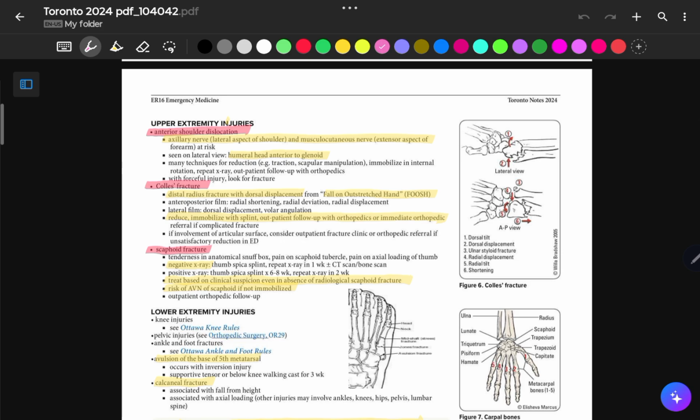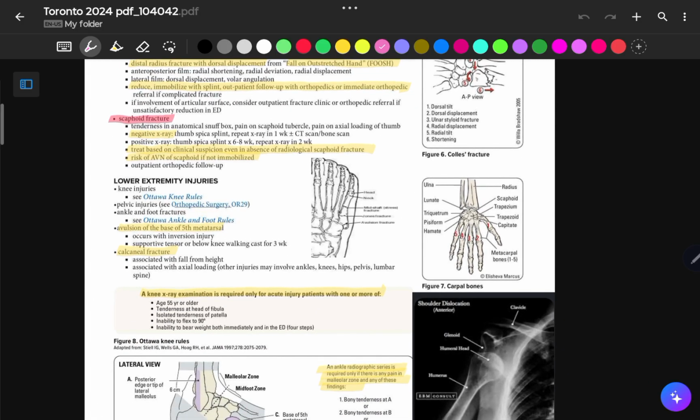For this patient, you will reduce the fracture and immobilize it with a splint, and do an outpatient follow-up with orthopedics, or have immediate orthopedic referral if it's a complicated fracture, say if there's neurovascular involvement. But normally you can reduce this type of fracture and then immobilize it with a splint.